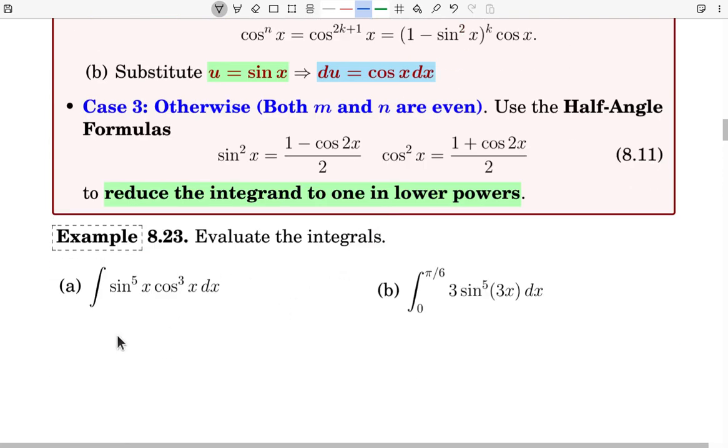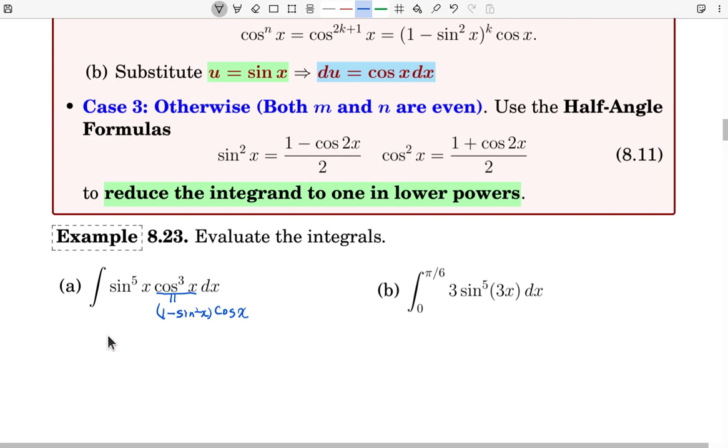Okay, here, let's try to solve these problems. Evaluate the integrals. For here, this power and that power are simultaneously odd, so we can use one of them. Let's begin with this one. That is the same as cosine squared, which is 1 minus sine squared x, and then cosine x.